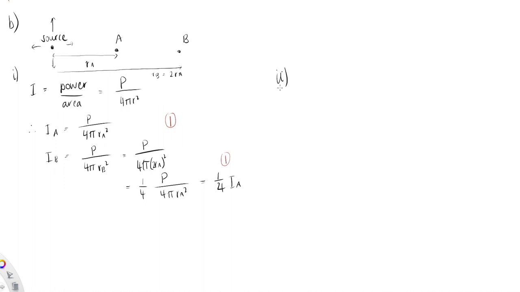Part 2I is asking us about the displacement amplitudes, S max, at points A and B. So now we need an equation for S max. We have our intensities, we've just calculated them, so let's try and find a formula that has both intensity and S max in it. And from our formula sheet, we can rearrange this equation to get S max on its own.